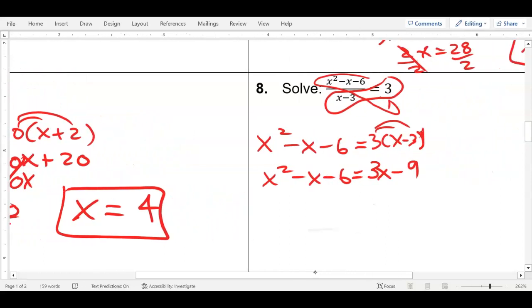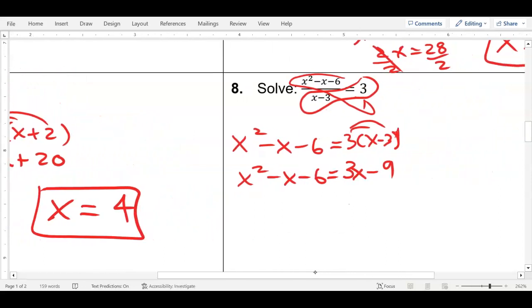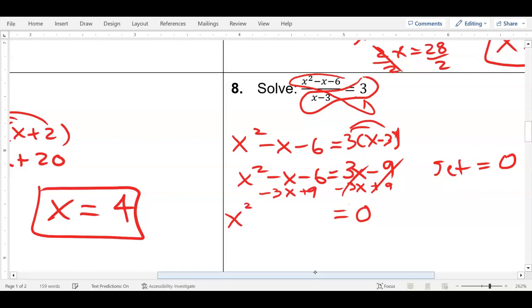Now, when you have x squared in an equation, you want to set it equal to 0. So let's get rid of this right side. Let's subtract 3x to get rid of a positive. And then let's get rid of this minus 9 by adding 9. So now we have it equals 0. Negative 1 minus 3 is negative 4x. Negative 6 plus 9 is 3.